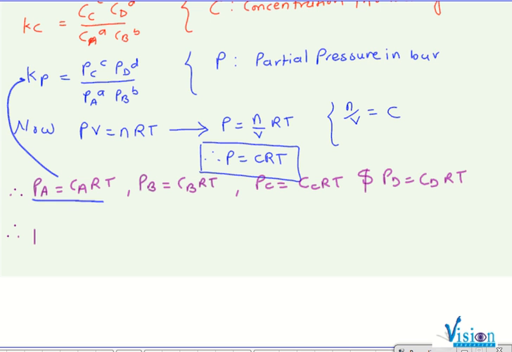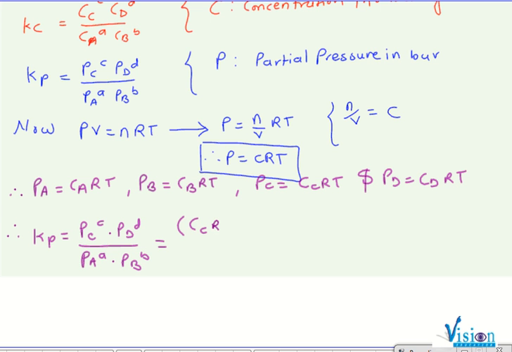So therefore, Kp which we had: PC raised to c, PD raised to d, PA raised to a, PB raised to b. We may rewrite instead of PC, CCRT raised to c, because PC equals CCRT, correct or not?